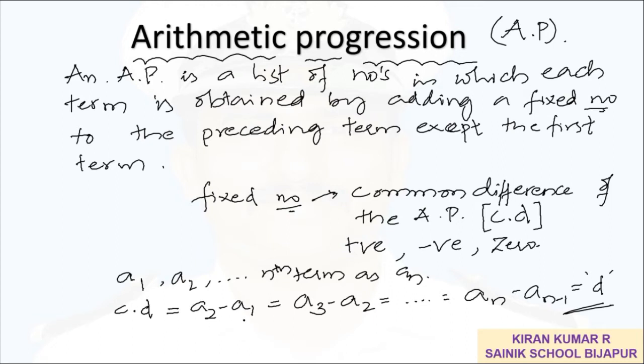What is this A2 minus A1? Second term minus the first term. It would give the difference. An is the last term of an AP, minus the preceding term An minus 1, is also giving the common difference d.